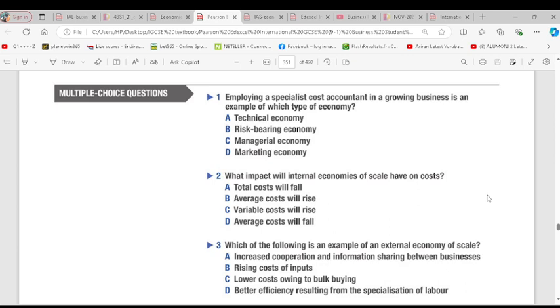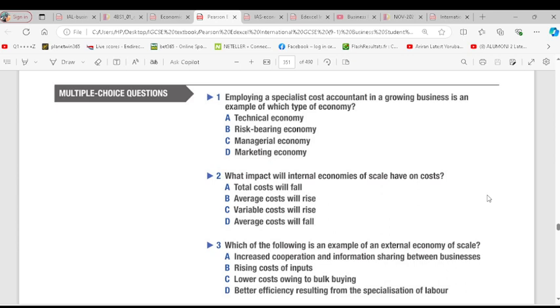So when you employ a specialist cost accountant, it is what? Isn't that obvious? Okay, marketing economy. How can it be marketing? Marketing economies of scale means you are able to advertise your product at a reduced cost because you are a large firm.